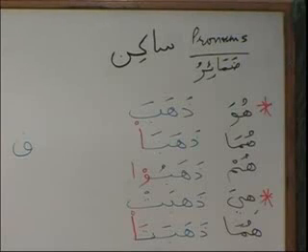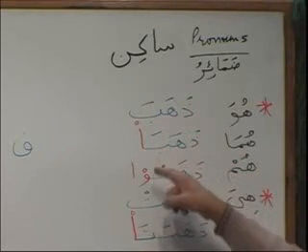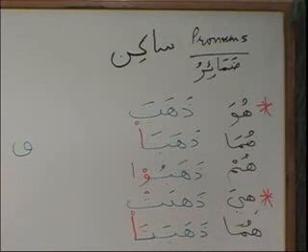The gist of all this is that if the fa'il, which is a damir, is a sakin, then the lam kalima gets a proper vowel. If the fa'il, which is a damir, is a mutaharrik, then the lam kalima will get a sukoon.